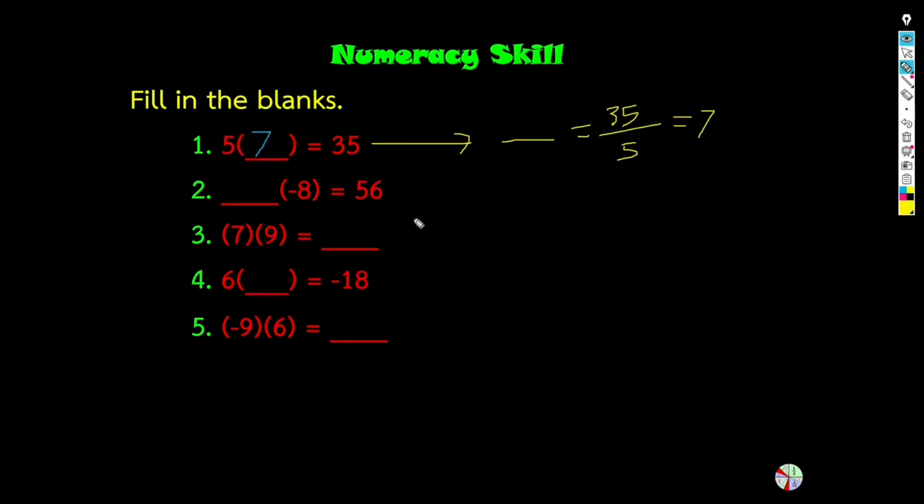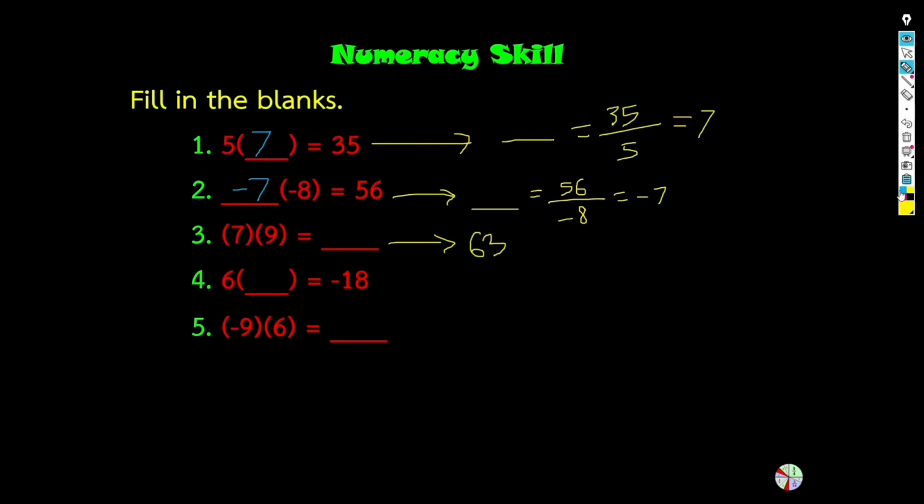Now next here, the blank is equals to 56 divided by negative 8. That will be equals to negative 7. So the answer is negative 7. Number 3 will just be 7 times 9, which is equals to 63.